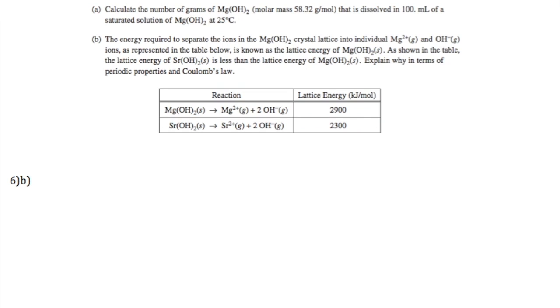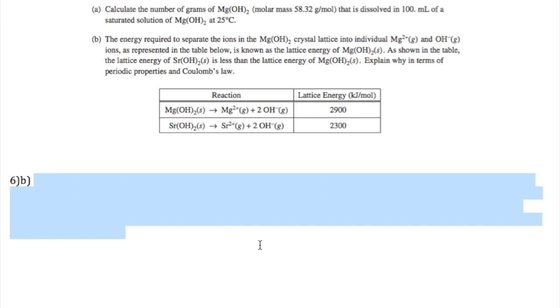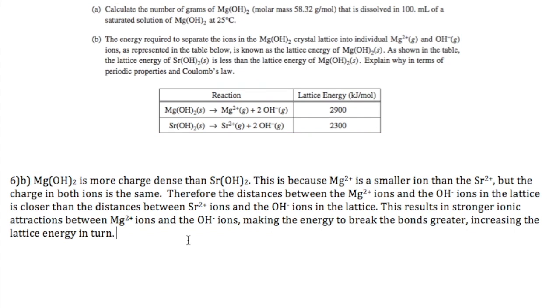Since those attractions are greater than in the Sr2+ lattice, greater energy is needed to break down those bonds, which explains the greater lattice energy in the Mg2+. So now I'll show you the written answer, and there we go.